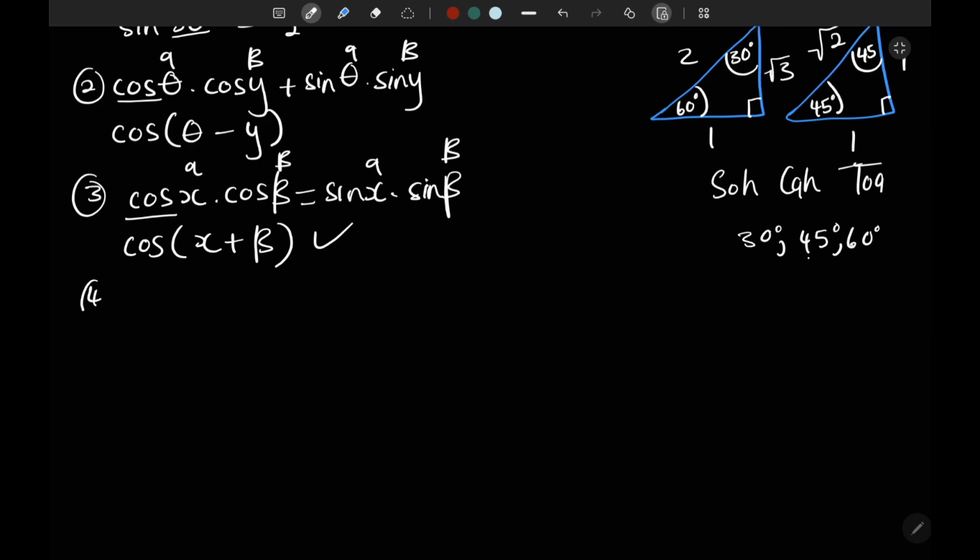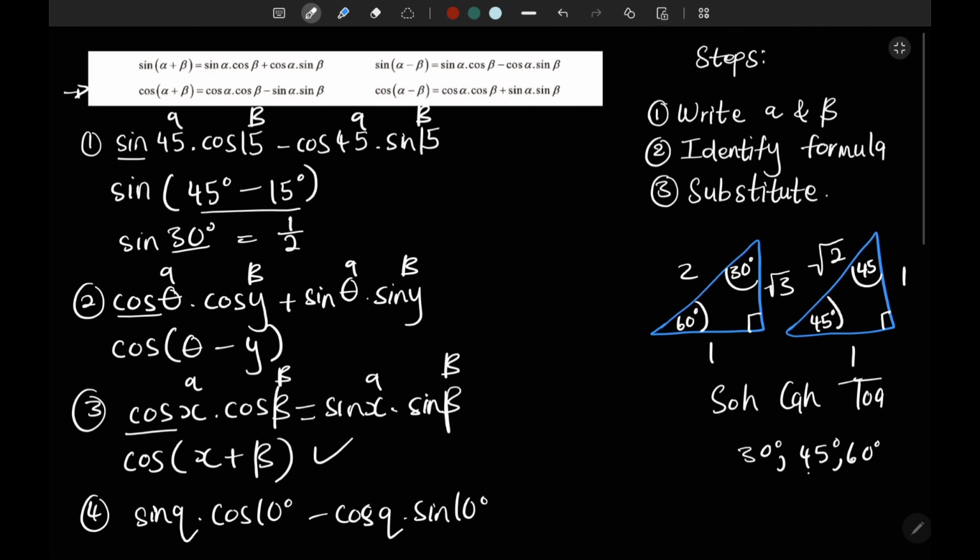Let's do sine q times cos 10 degrees minus cos q times sine 10 degrees. Okay, what's the first step? Write A and B. This is our A, that is our B, this is our A, that is our B. The first step's done. What's step 2? Identify the formula.